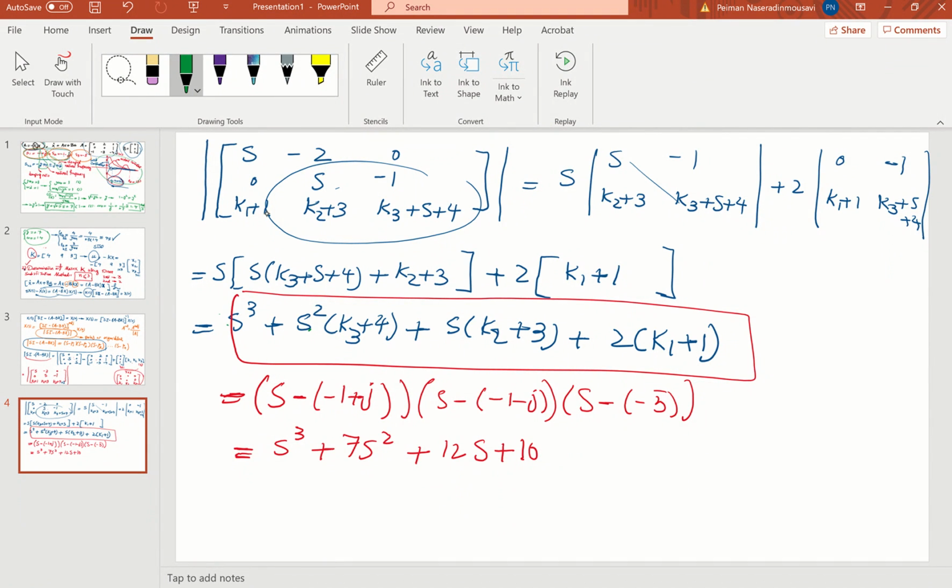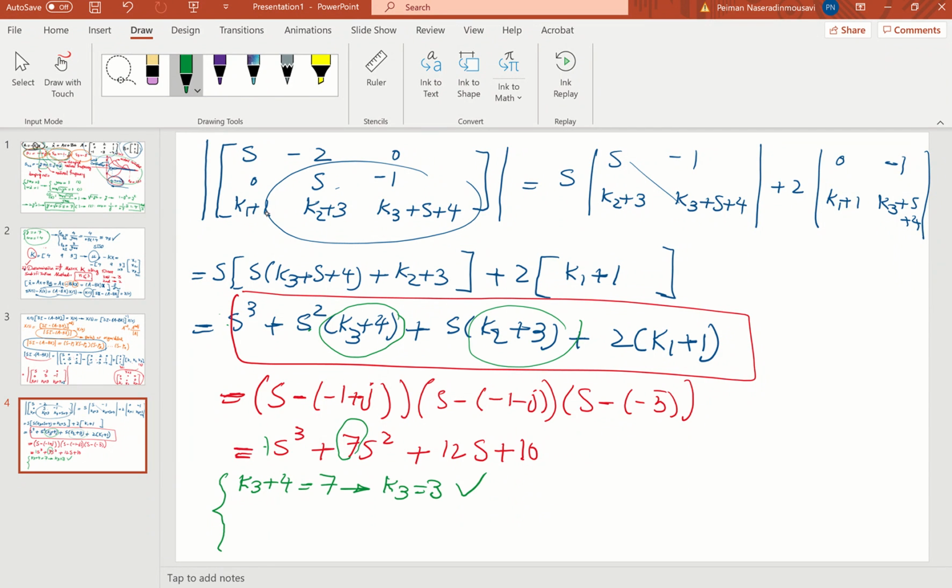The s cubed coefficient is 1, here is 1. Here it is k3 plus 4, here it is 7. So k3 plus 4 is 7, so k3 is 3. Bingo.